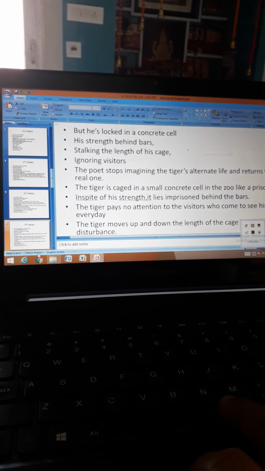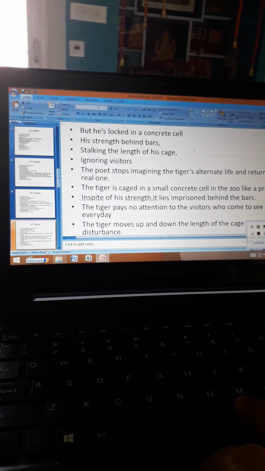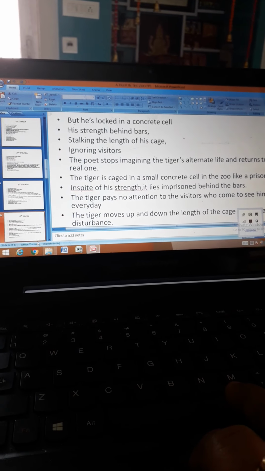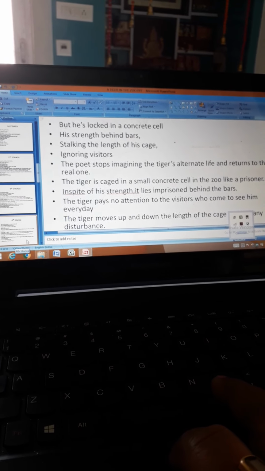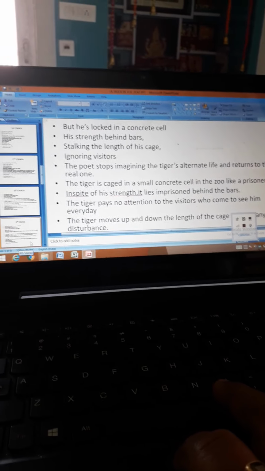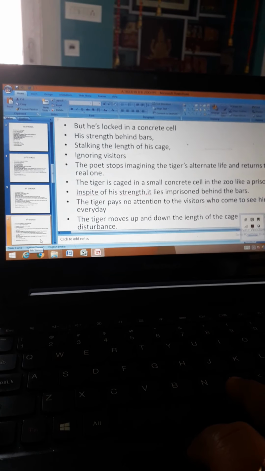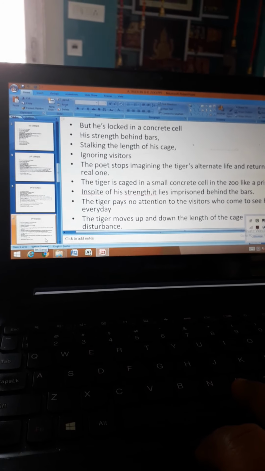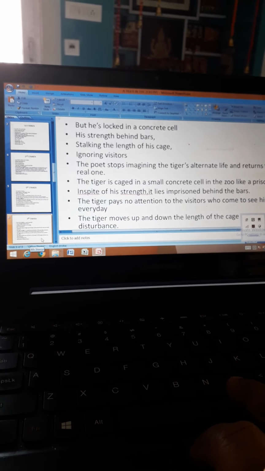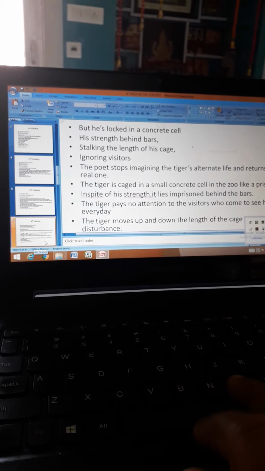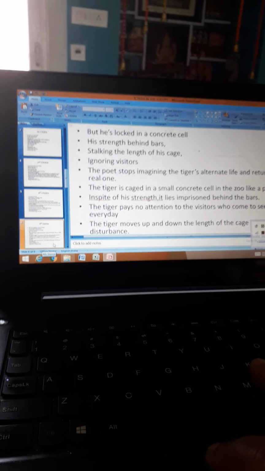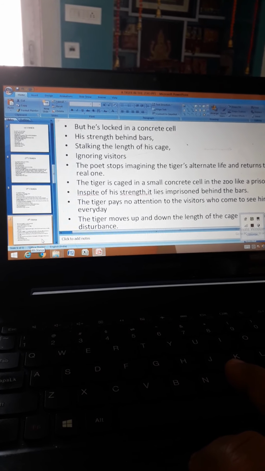He has a lot of strength, but he does not want to display his strength because it is imprisoned behind the bars. The tiger pays no attention to the visitors who come to see him every day. He just moves up and down and paces the small space in the cage.